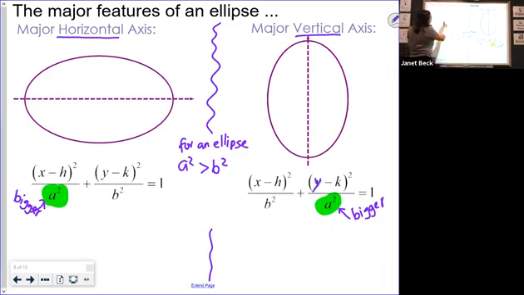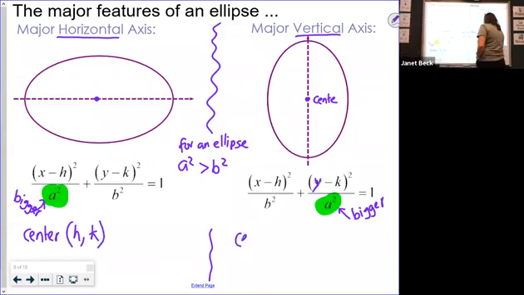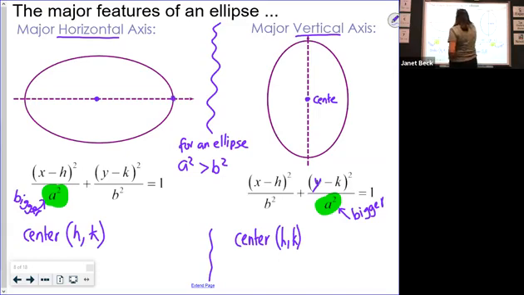And when we're graphing them, the first thing we graph is our HK point, which is the center. Okay. And the center, you pull it straight from the equation. What is being subtracted from X? What is being subtracted from Y? Okay, that'll be the same for both of them. The next thing you would graph would be the vertices.